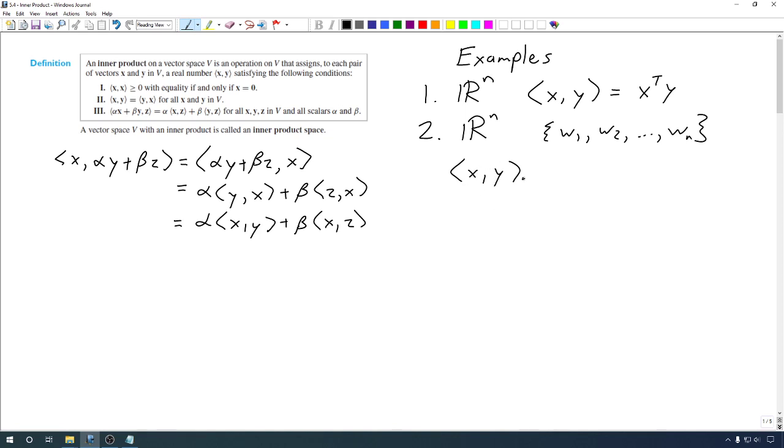I'm not going to write that out, but our formula here would be something like w1 x1 y1 plus w2 x2 y2 all the way through wn xn yn. So here, instead of just doing like we did in our standard scalar product, where we took x1 y1 plus x2 y2 and so on, we have these w's in front of each of these. These are called weights.